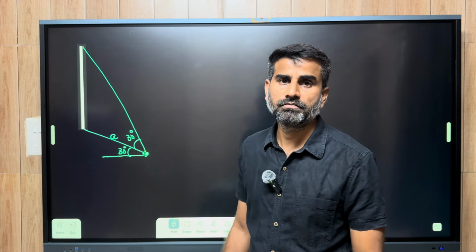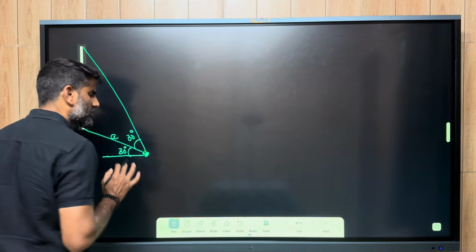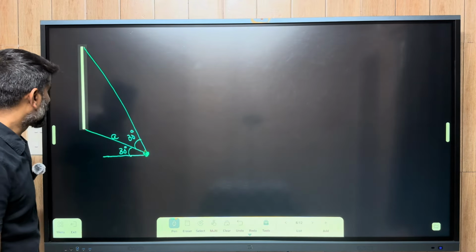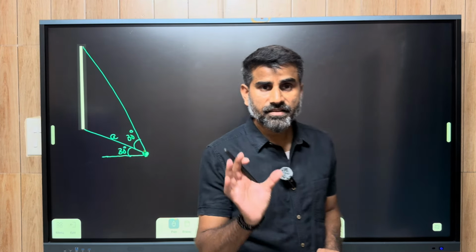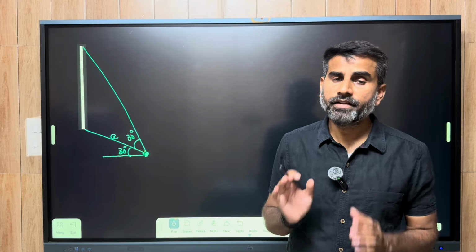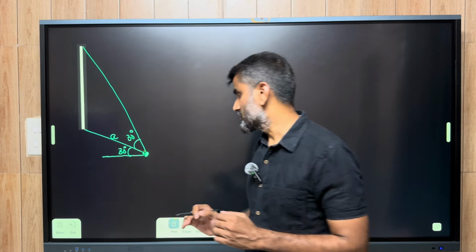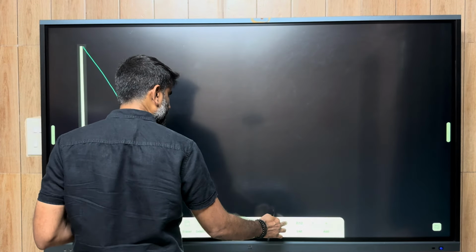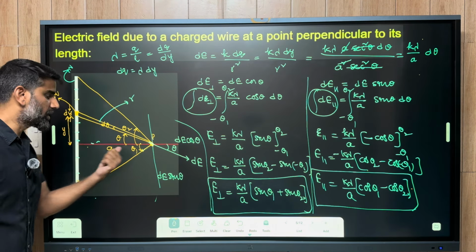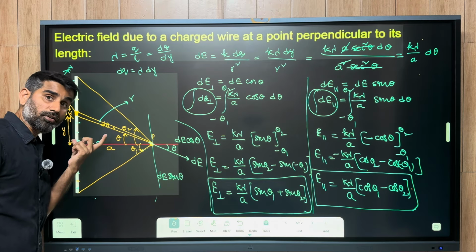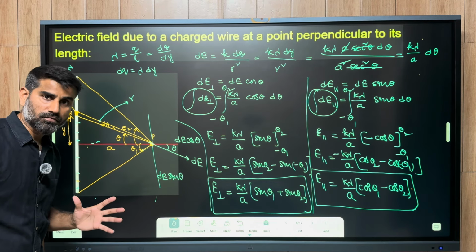We know how to find the net electric field, right? So the electric field at this location is quite easy. Now, as I've already told you, the distance A that we have taken in the example, go back to the previous lectures, is perpendicular to the rod.